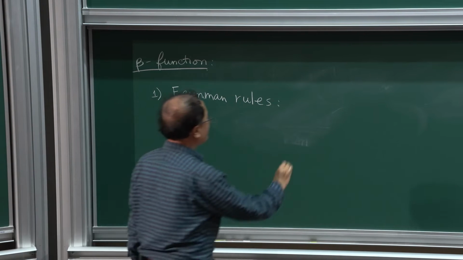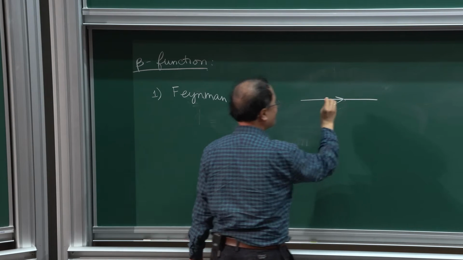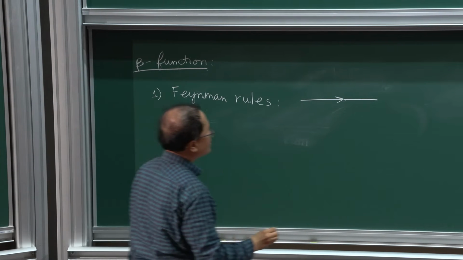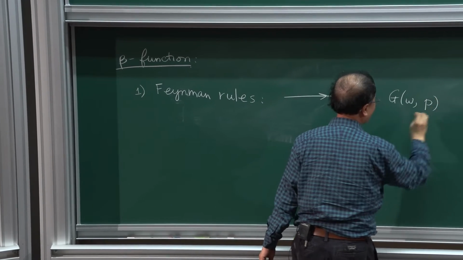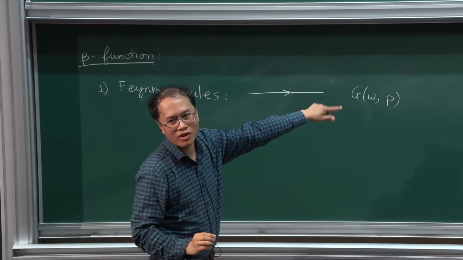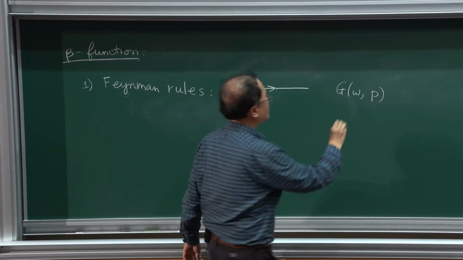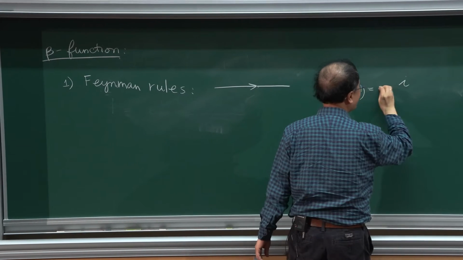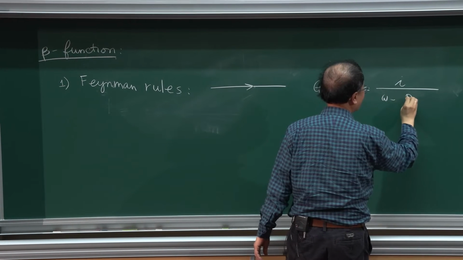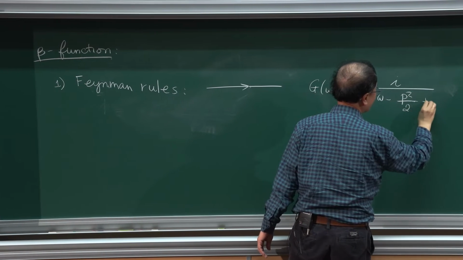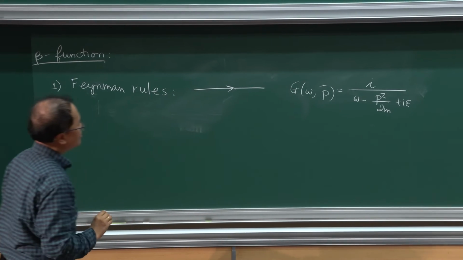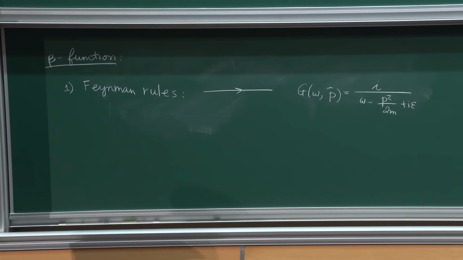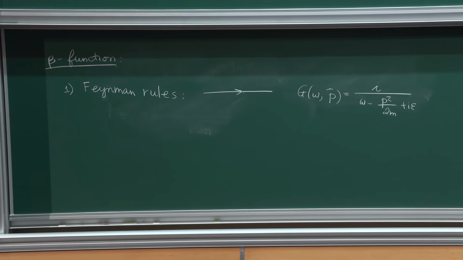The propagator of a single particle is associated with a function of omega and p. Omega is the frequency, p is the momentum, and it is i divided by omega minus p squared over 2m plus i epsilon. So it restores the mass, but the mass can be set to 1 if we want to.